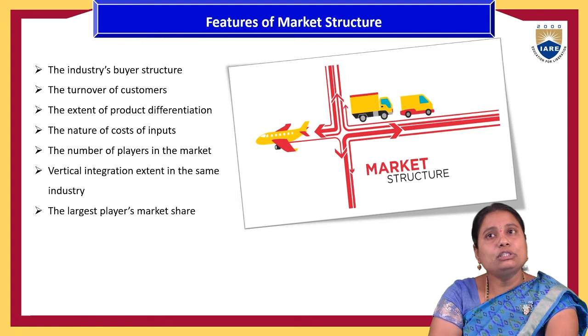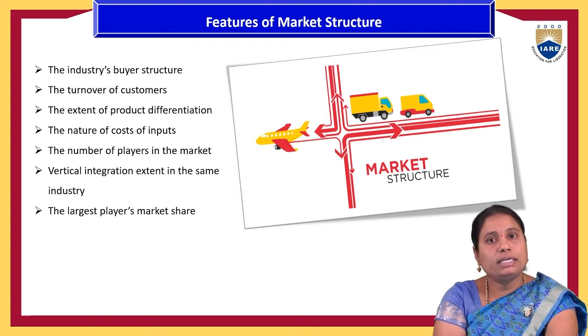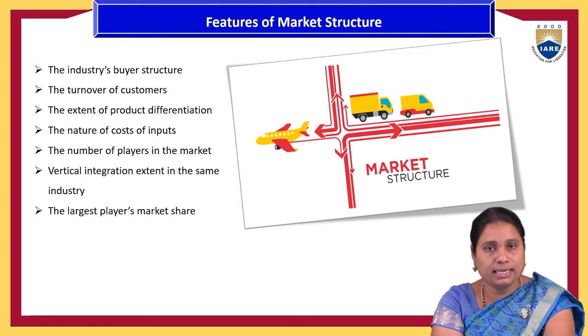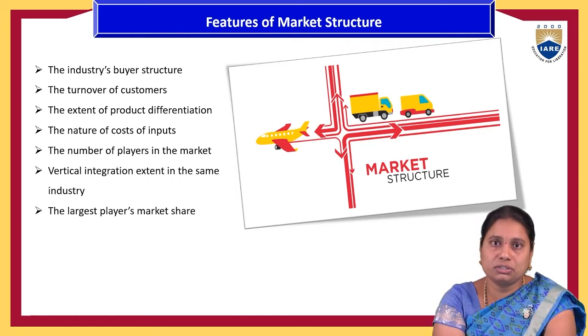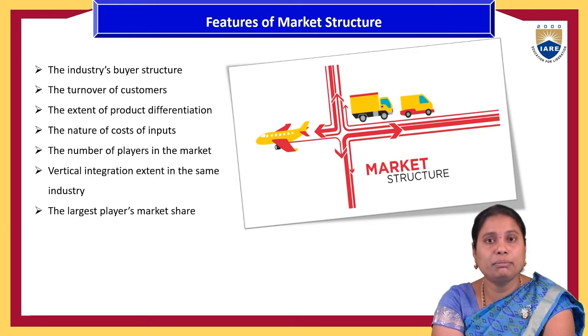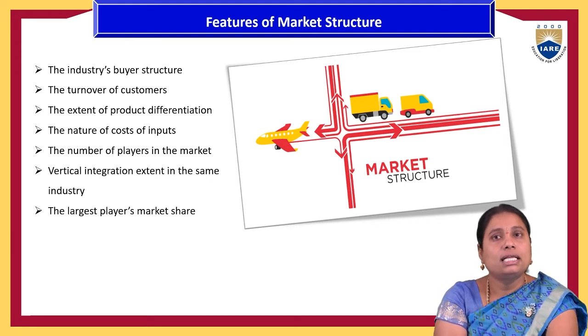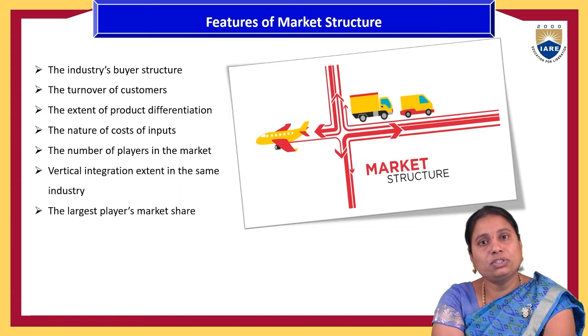So the features of this market structure will give the analysis of industry buyers' structure, that is, how many buyers there are for that particular industry, and what is the turnover of those customers, that is, the purchasing capacity of the customers, their income levels, whether they are able to purchase or not, or the extent of product differentiation.